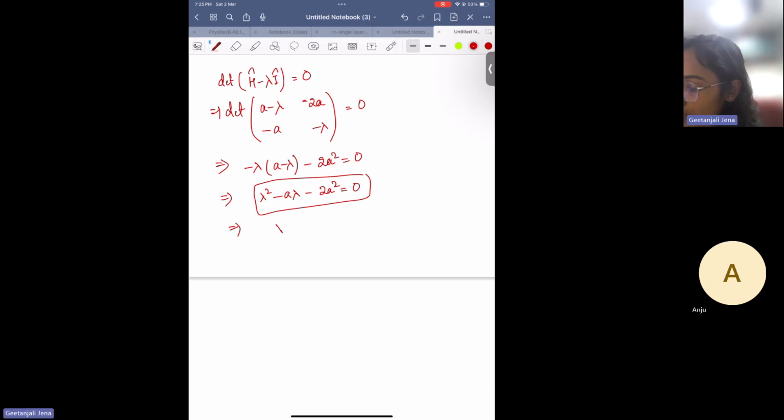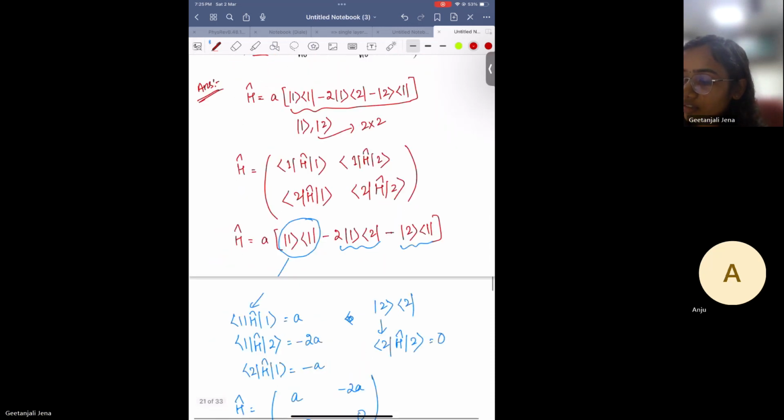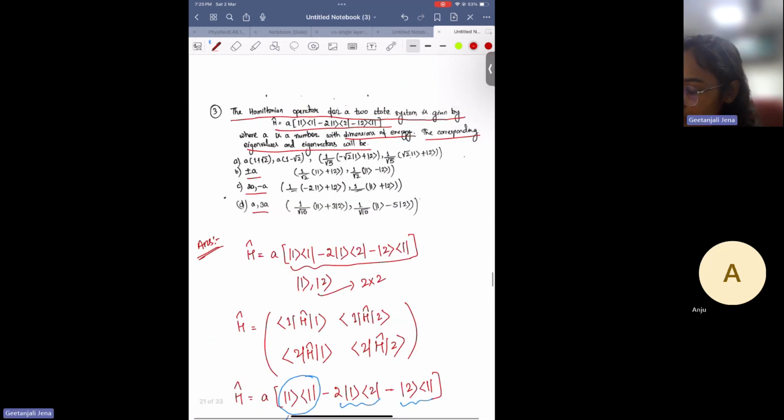If you solve this, then you will get lambda equal to either 2A or minus A. So these are the eigenvalues we will get. Let's see the options. You can see there is 2A and minus A here. That means the answer is this. You already found the answer.